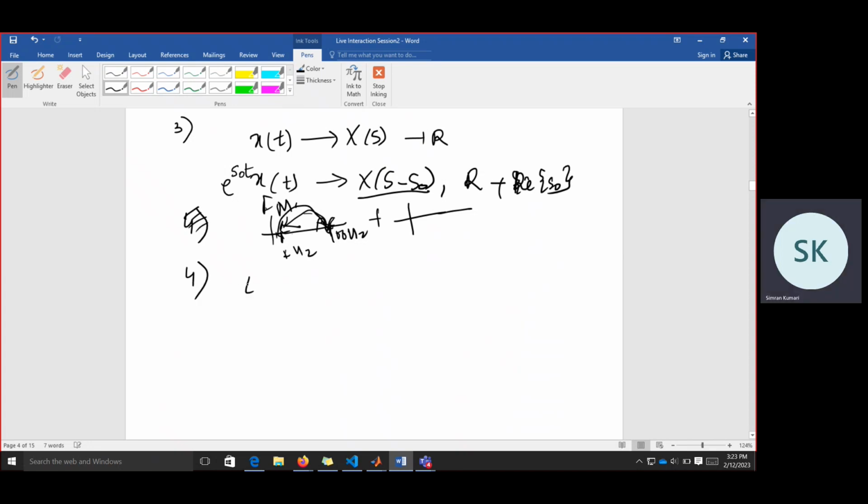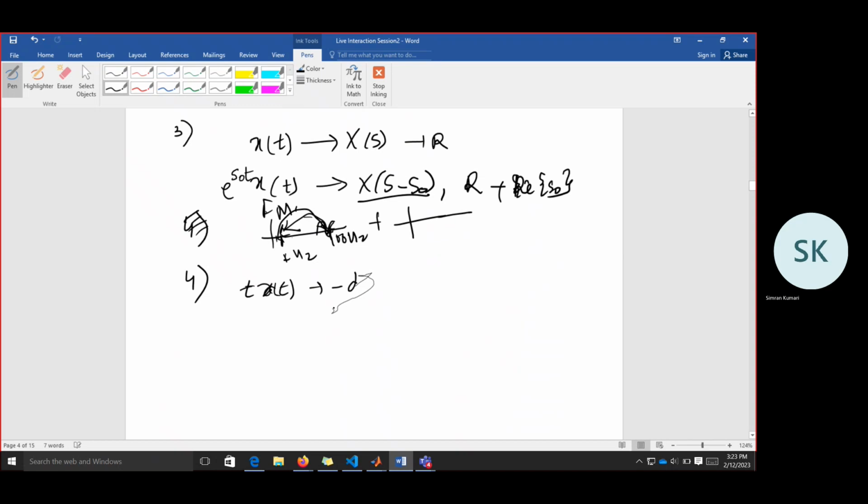Then similarly, for multiplication by t, if we have t multiplied to x(t), it will have dX(s) by ds.